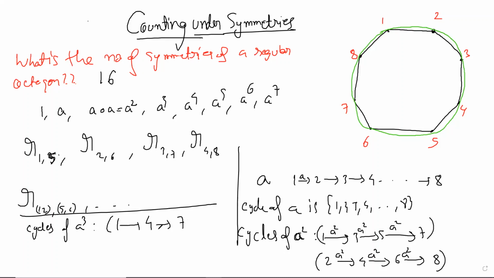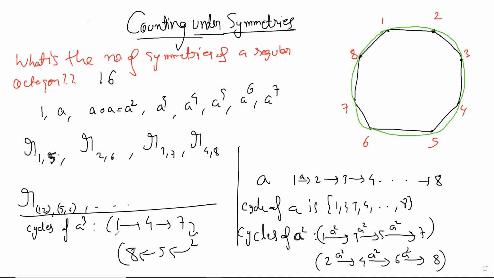You go from 1 to 4, then from 4 to 7. From 7, where do you go? Ah, so that's not another cycle. It's the same cycle, right? Yes, that's right. 4 to 2, and basically it's only one cycle again. A squared has 2 cycles. A cubed will only have one cycle.